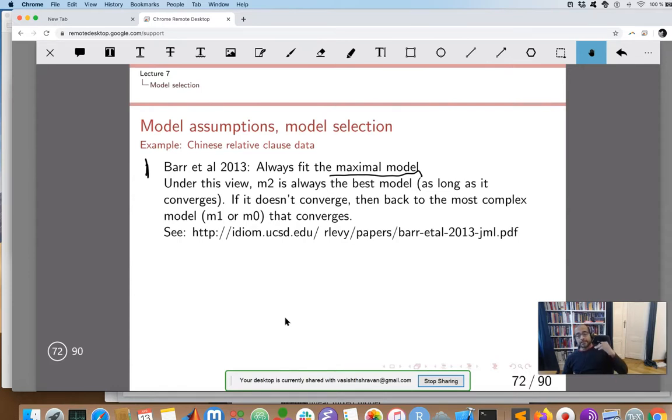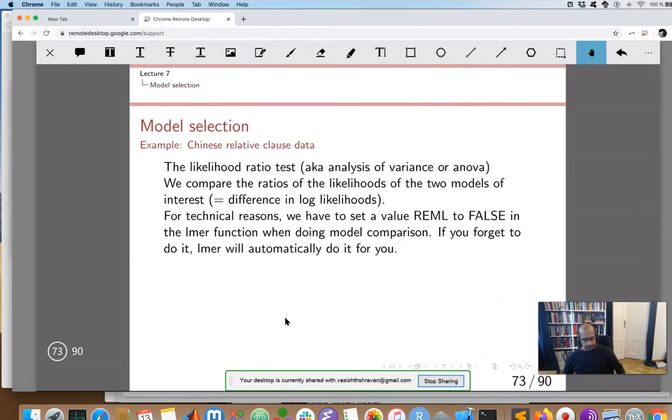The reason they make this suggestion is that this is the most conservative thing to do, because it incorporates all sources of possible variability in the model. It's a very sensible way of proceeding, but in reality what will happen to you is that you won't be able to fit the maximal model because of all those convergence warnings and the singularities I'm showing you.